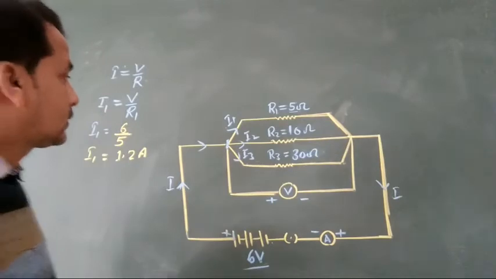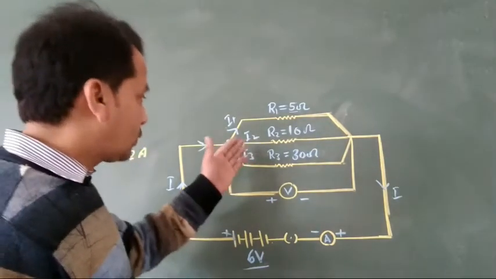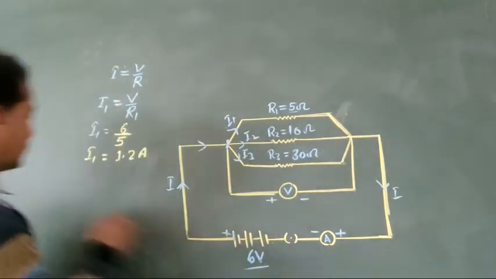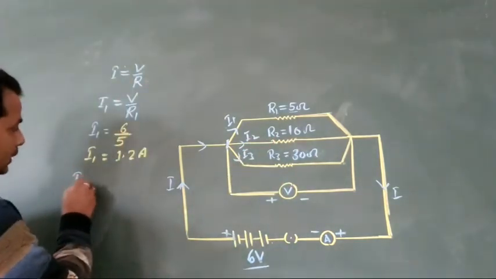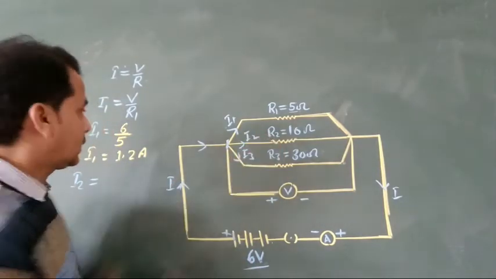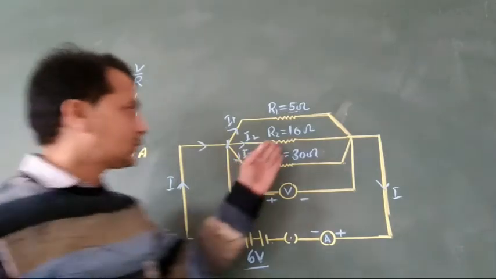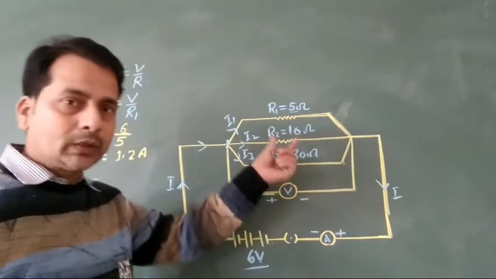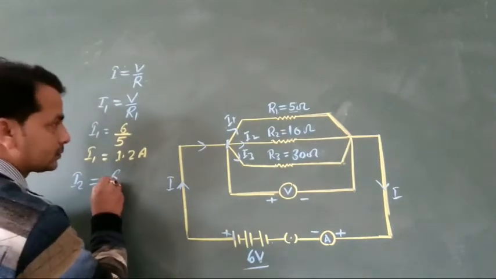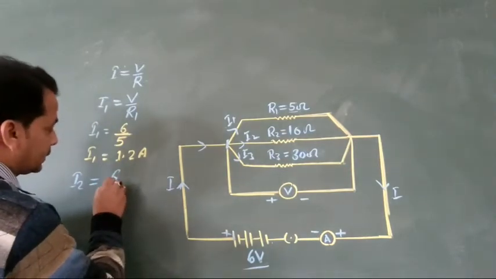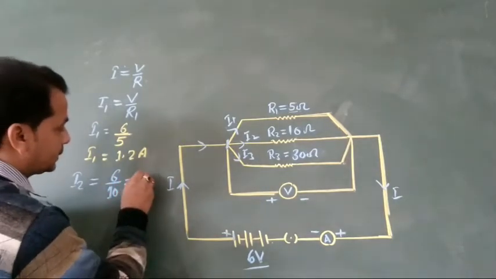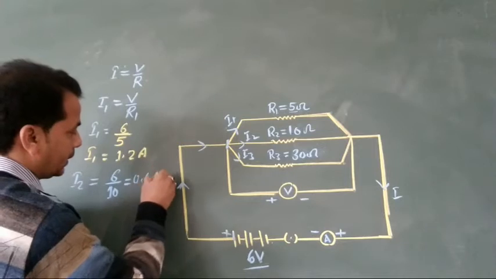Next, current I2 flows through R2. I2 equals the potential difference, 6 volts, by the resistance R2, which is 10 ohms. So 6 by 10 is 0.6 ampere.